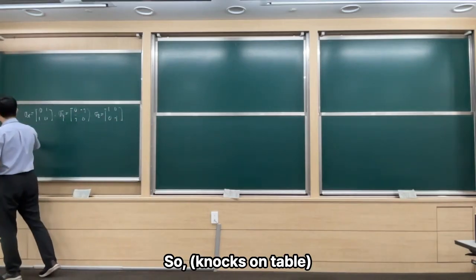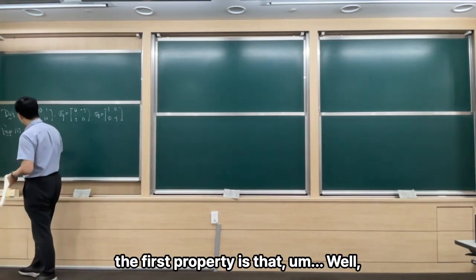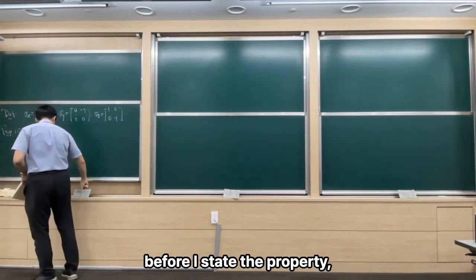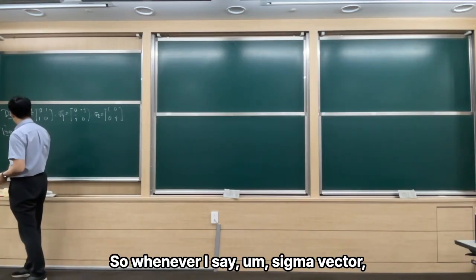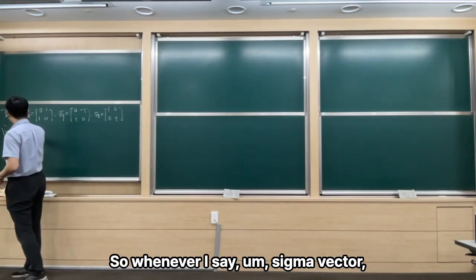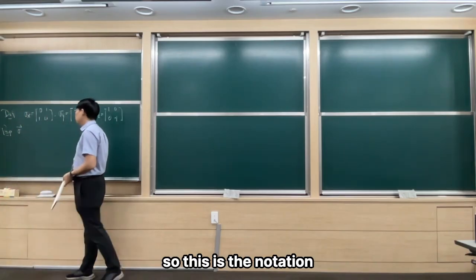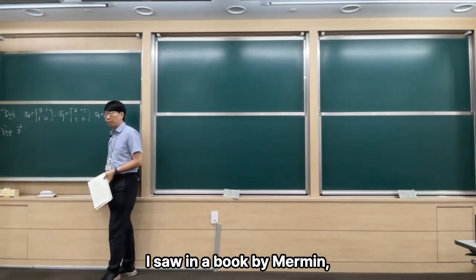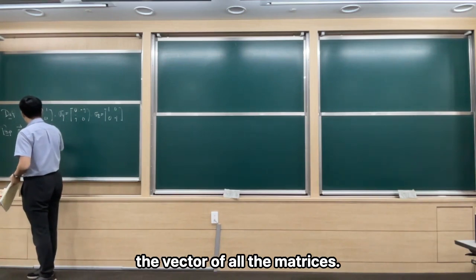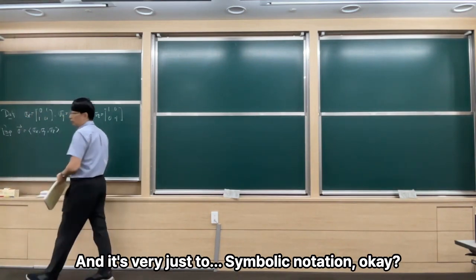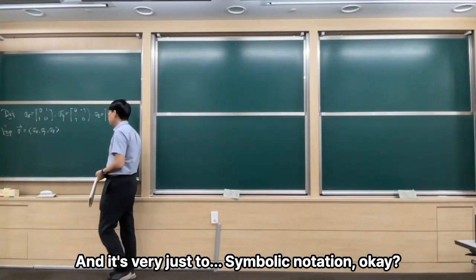The first property is that, well, before I state the property, let me state some notation. Whenever I say sigma vector, this is the notation I saw in a book by Mermin, and this is the vector of Pauli matrices. It's just symbolic notation, okay?